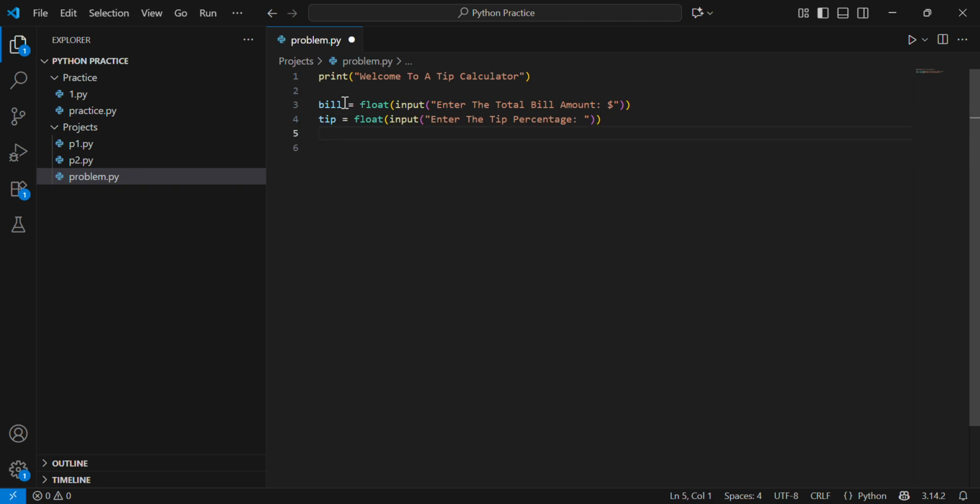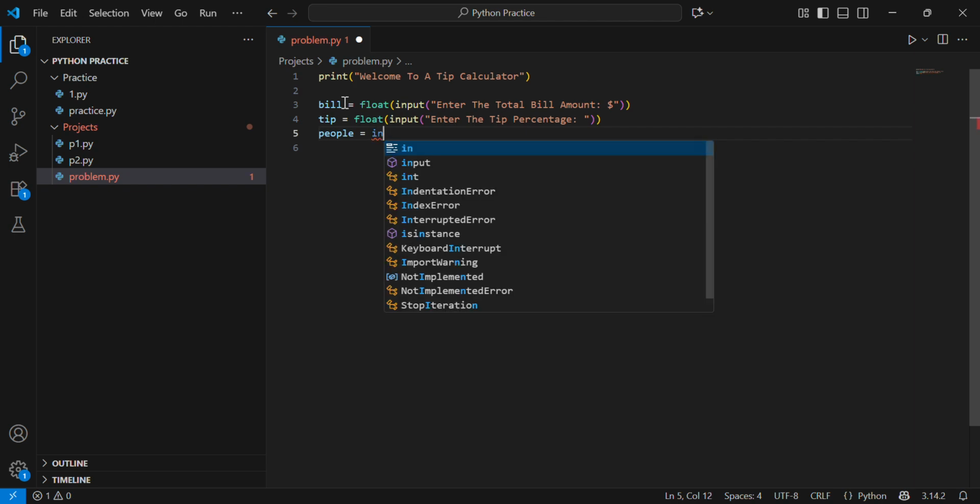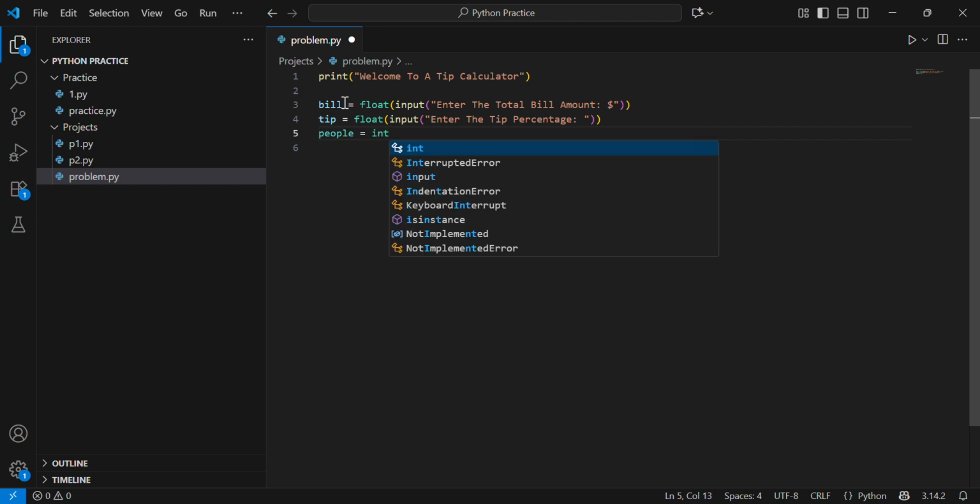And thirdly, we will set another variable named people, and we will set a data type to integer, as people cannot be in decimal, like 3.5 people doesn't exist, so they can be 3 or 4 or 5, can't be 5.5 or 3.5.